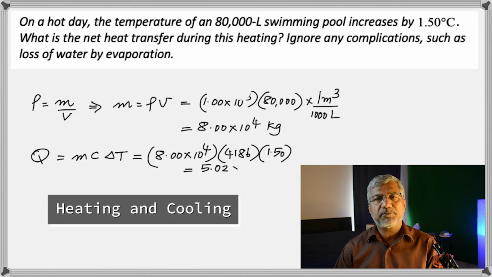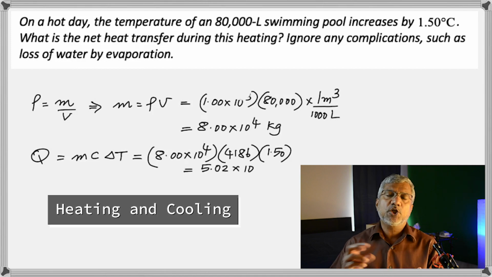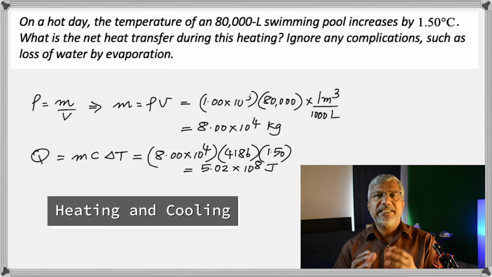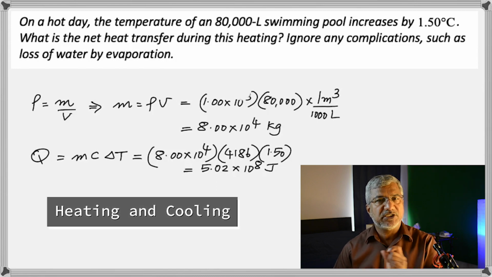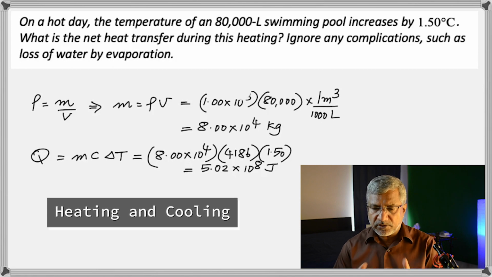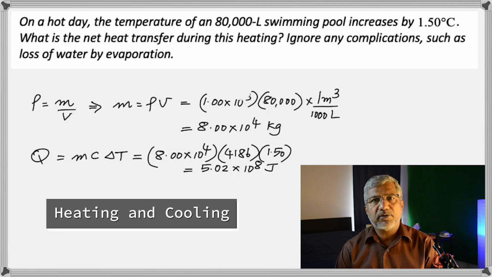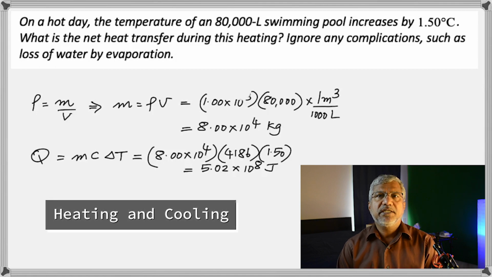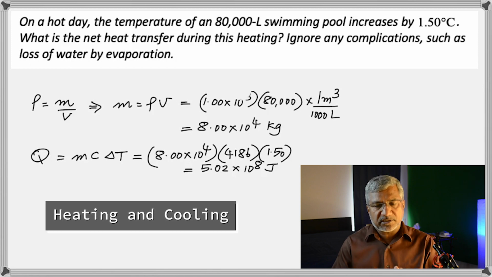Remember, the change in temperature could be in either Celsius or Kelvin, because if it's a change, it's the same thing. So you get the answer as 5.02 times 10 to the power 8 joules. Obviously, that's a lot of heat because there's a lot of water in it. So that's number one.